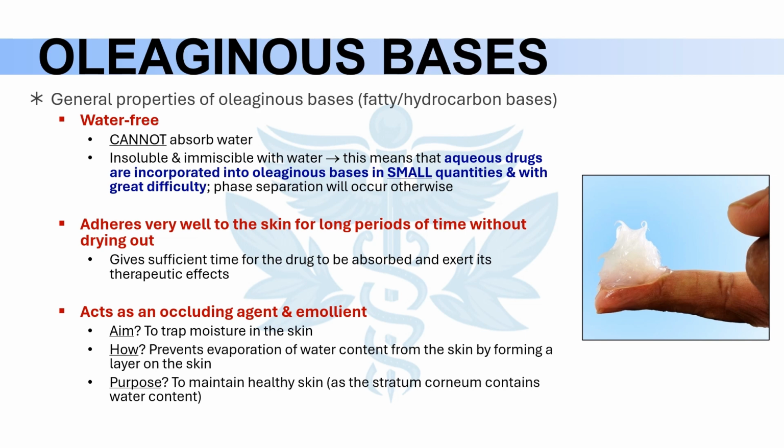The problem with a patient with dry skin is that they have a deficiency of moisture in their skin. If you as a pharmacist prescribed for them an ointment with an oleaginous base, you would be worsening their condition. So the solution is to give them a hydrating agent first, to replenish the skin's water content, and then to apply an oleaginous base ointment after the skin regains its healthy state to keep the skin healthy.